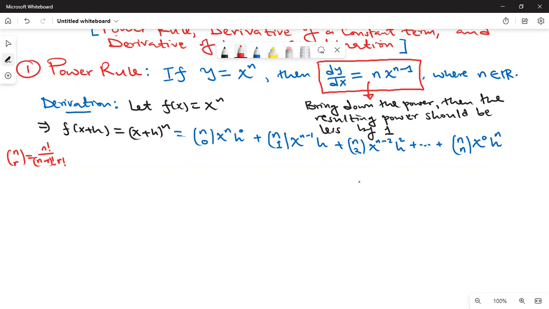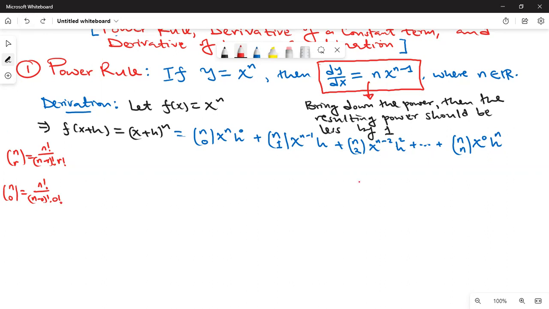So when r is 0, we'll talk of n combination 0. That will give us n factorial over n minus 0 factorial times 0 factorial. And 0 factorial is always equal to 1.